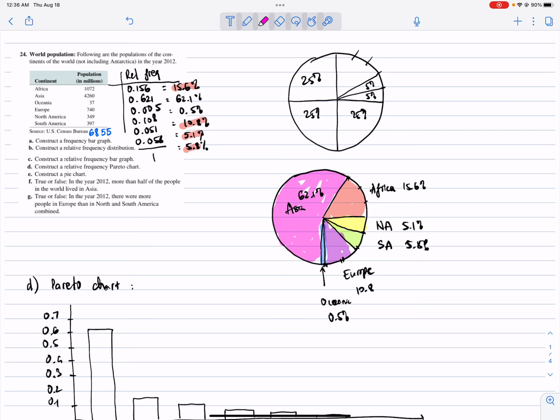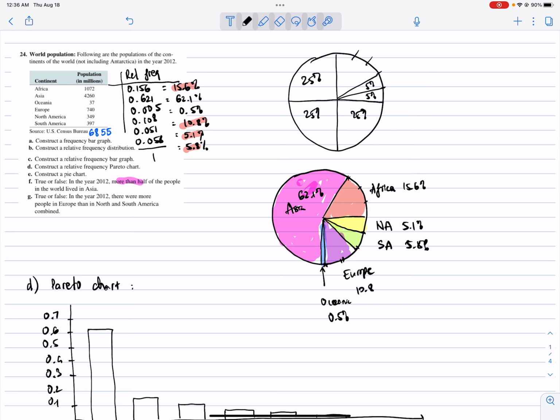Now part F, true or false. In the year 2012, more than half of the people in the world live in Asia. Okay, you look at Asia. How many percent? It is 62, right? You know what half means? Half means 50%.